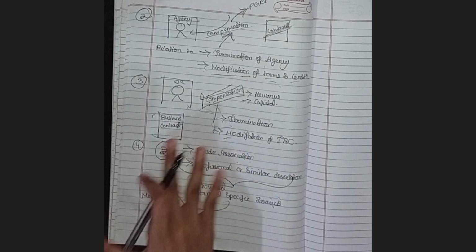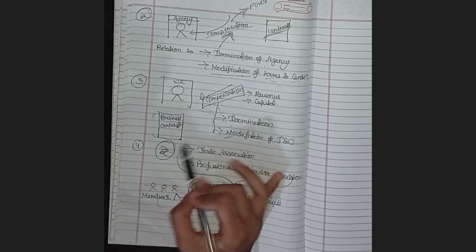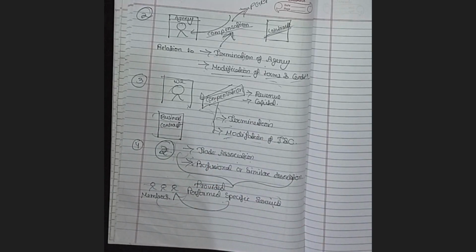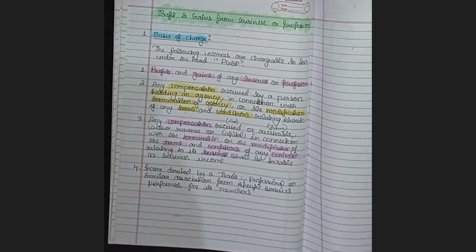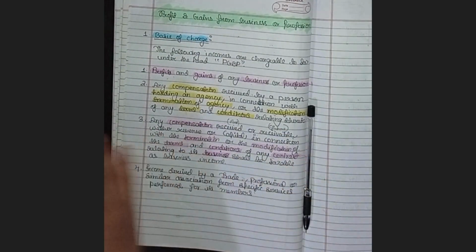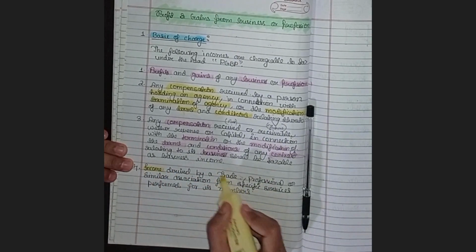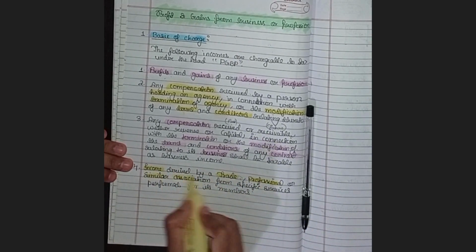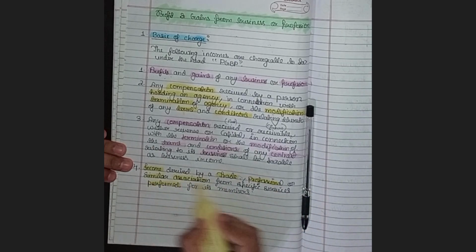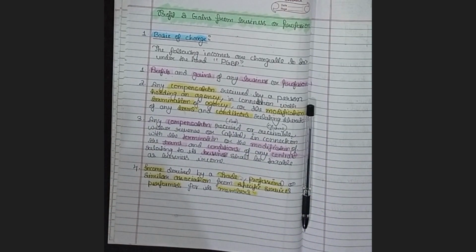Under the head PGBP. So I should highlight it: income derived by a trade, professional or similar association for specific services performed for members.